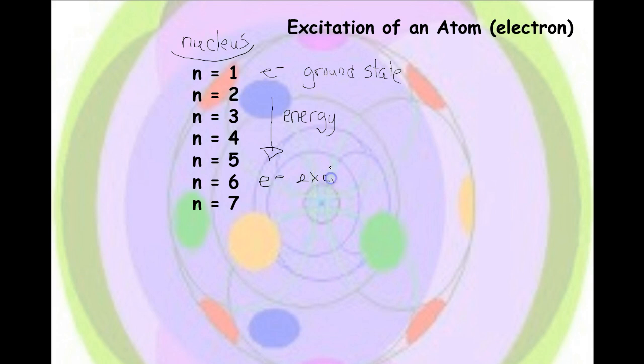Now, in the excited state, that electron is very unstable. And because it's unstable, it's immediately going to drop back down to a lower energy state.